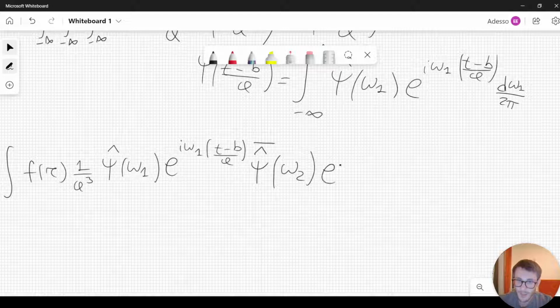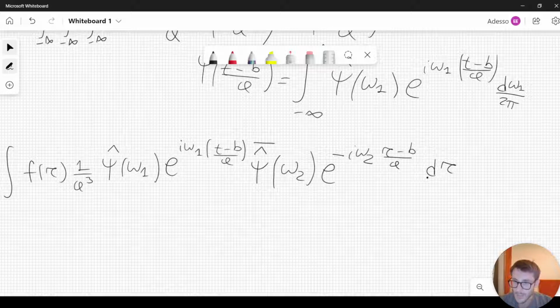And then I have e to the minus. In this case, I have a minus because I have to take the complex conjugate of the complex exponential. So I have e to the minus i omega 2 tau minus b over a. And then I have some differentials.